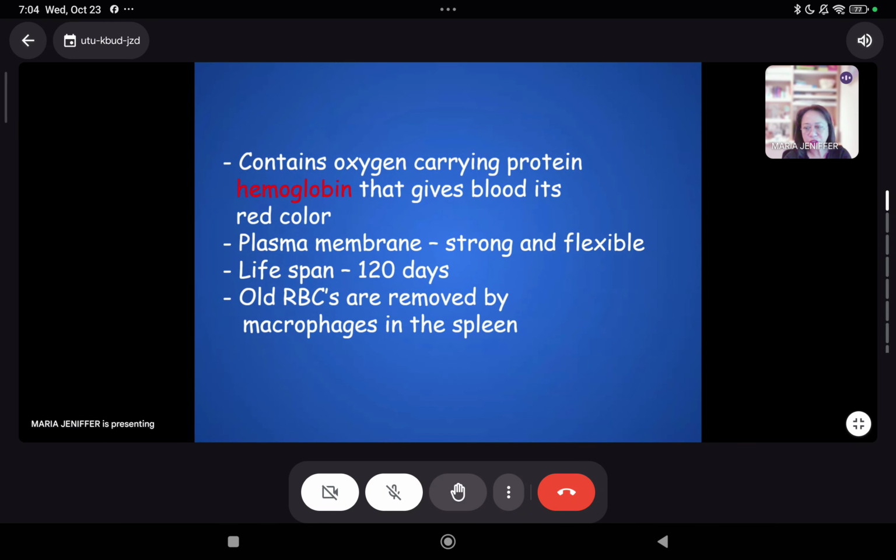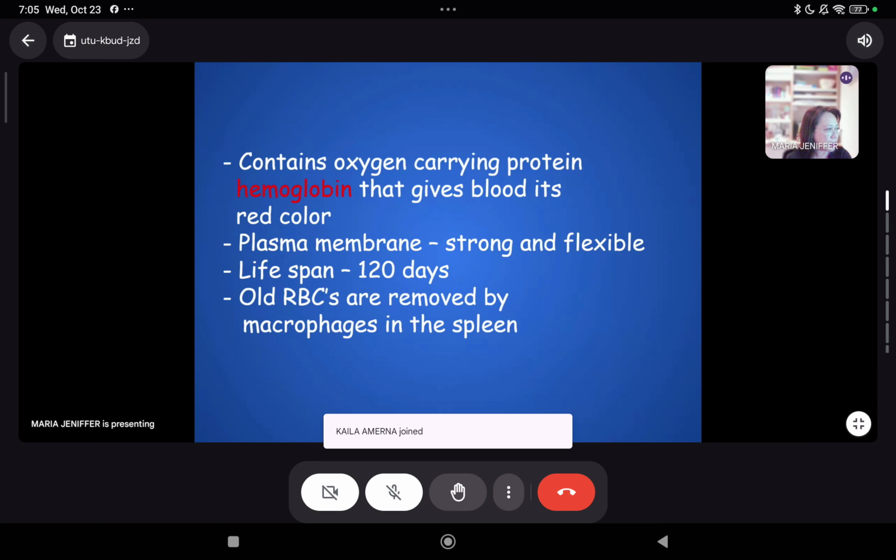It carries oxygen through the carrying protein, the hemoglobin. The plasma membrane is strong and flexible so that the cell can squeeze through the pores when it needs to go to the tissues. The lifespan is 120 days.